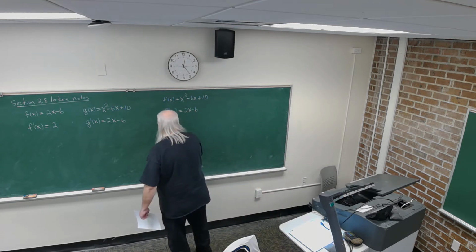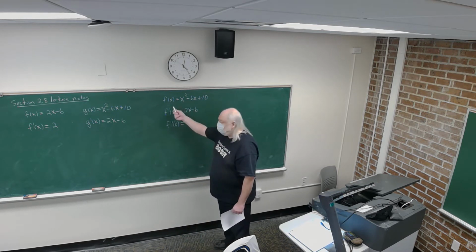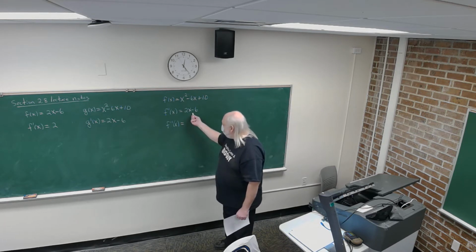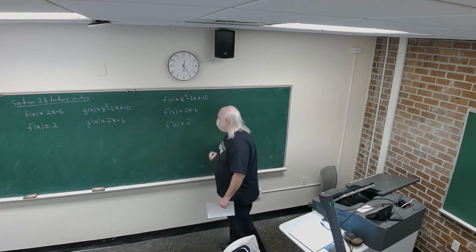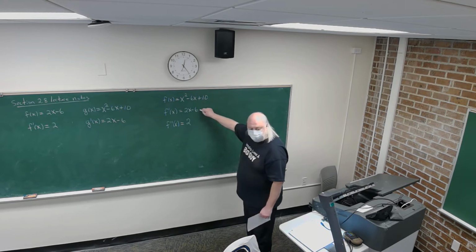The derivative of f prime of x, which is the derivative of the derivative of f of x, we know the derivative of 2x minus 6 is 2. So you can differentiate a derivative.